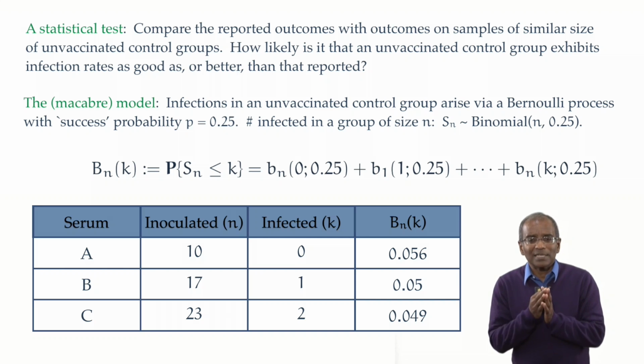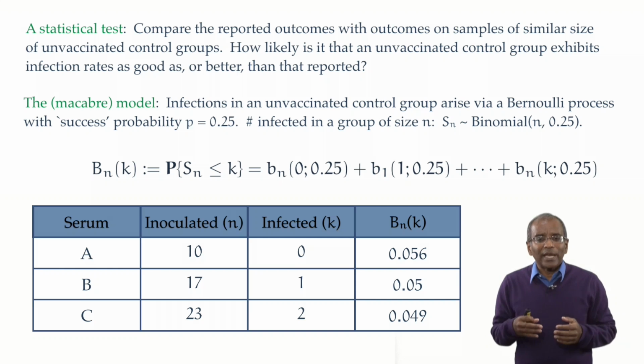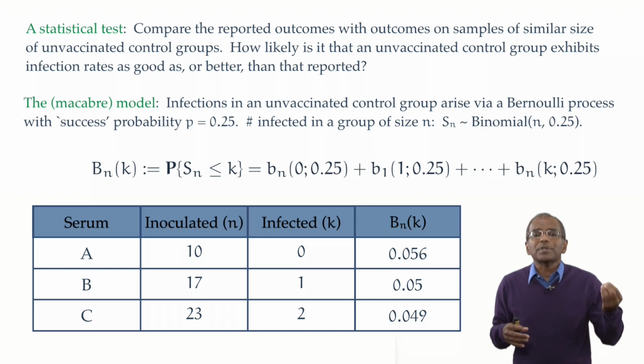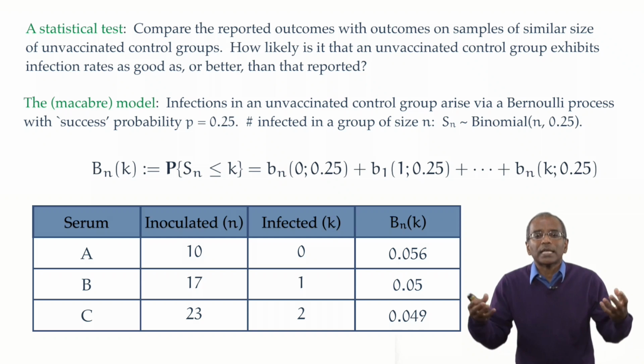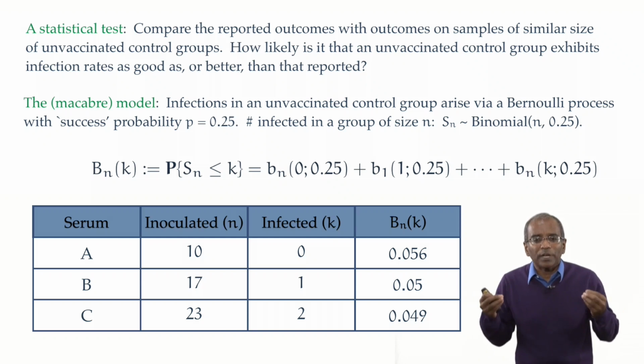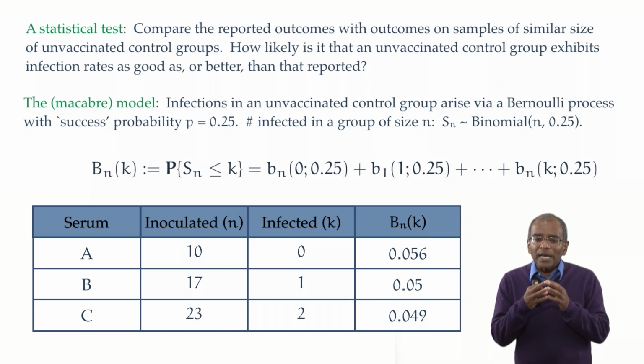What our data tells us is that in each of the 3 cases, there's only a 5% chance that the unvaccinated control group of the right size gives you results as good as or better than that advertised. The odds are not very high. And that suggests that each of the sera actually is doing something.